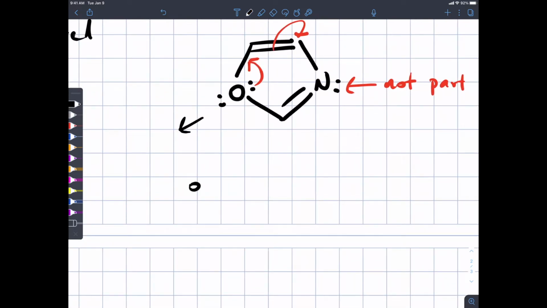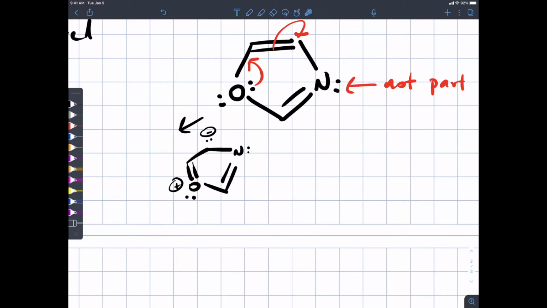Okay, so at most, I can make one of those lone pairs involved in resonance, right?